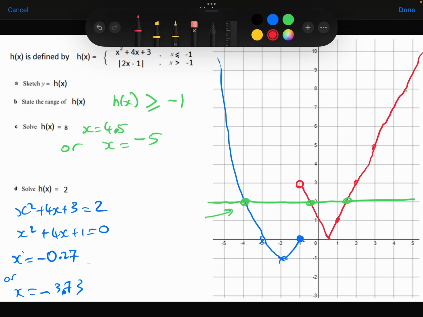I'm going to ignore the minus 0.27 because that is not less than minus 1. That's too big. The function is only defined for where x is less than minus 1. And minus 0.27 is not less than minus 1. So I'll ignore that solution. This solution is valid though. That's minus 3.73 there to 2 decimal places.